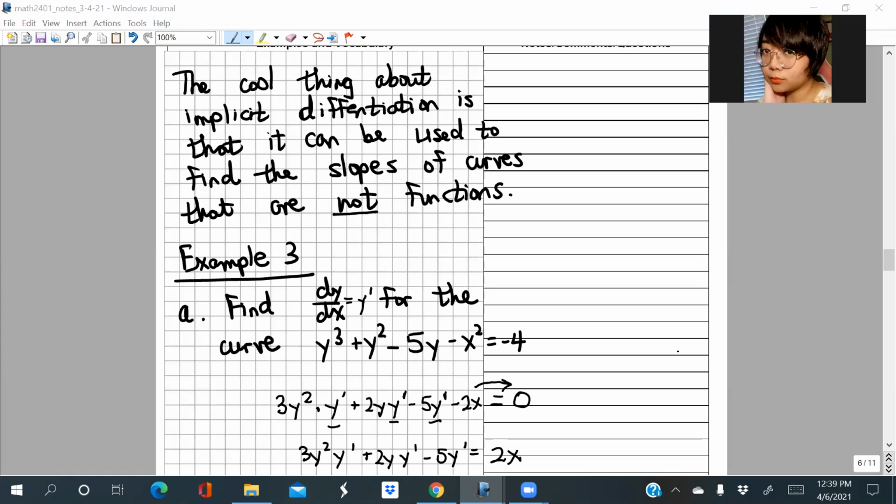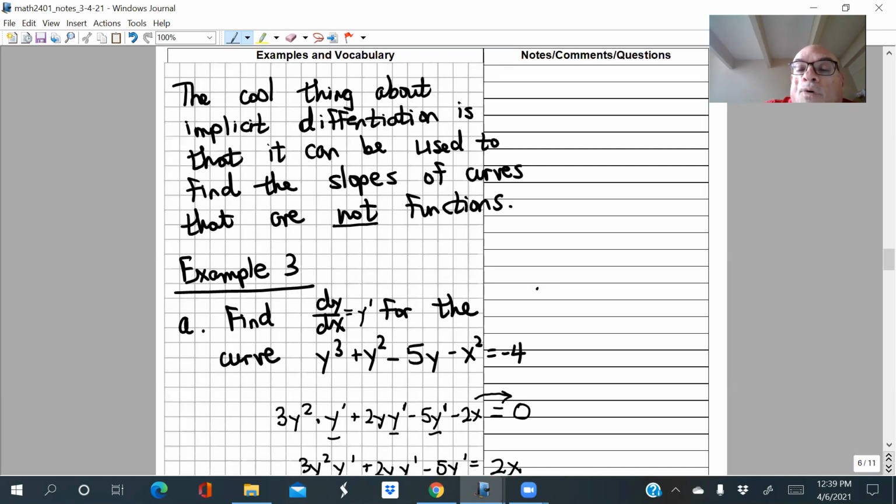The minus 5/3 is a little bit messier, but let's try y equals 1, okay? Just to show you the process, because that was one of the y coordinates where we had a vertical tangent line. So I'm going to plug 1 in for y here. Don't plug it in for x. Remember, the 1 was the y value. So you have 1 cubed plus 1 squared minus 5 times 1 minus x squared, and I don't know the x, that's what I'm looking for, equals minus 4.